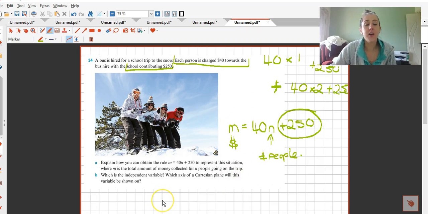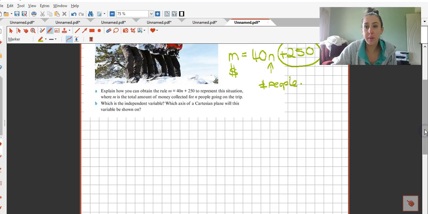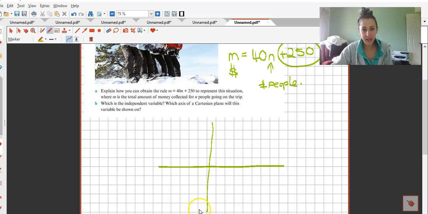Okay? So if I was going to draw this on a Cartesian plane, which would I put where? Am I going to put the number of people or my money on my x-axis? And am I going to put my number of people or my money on my y-axis?